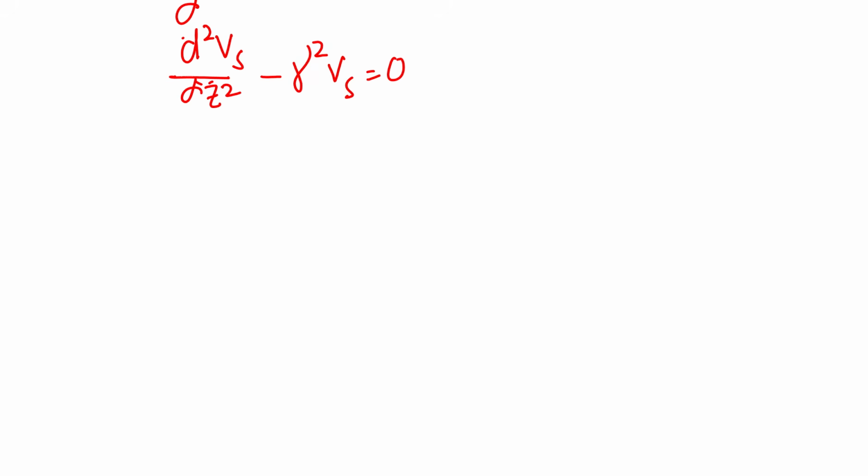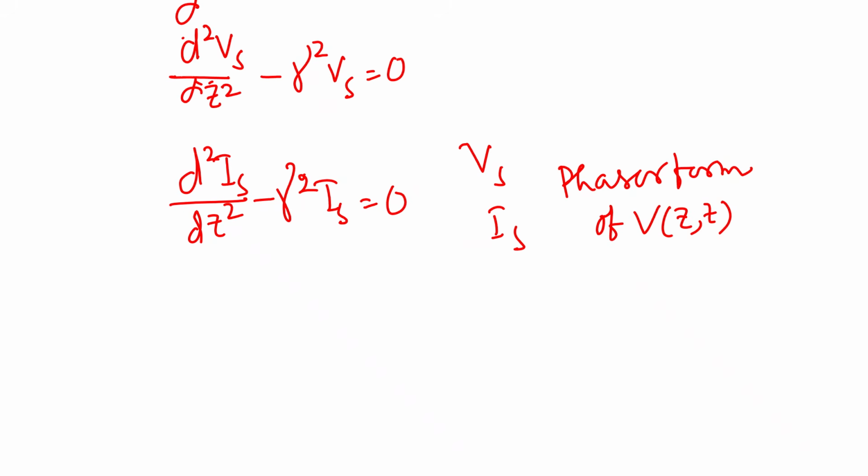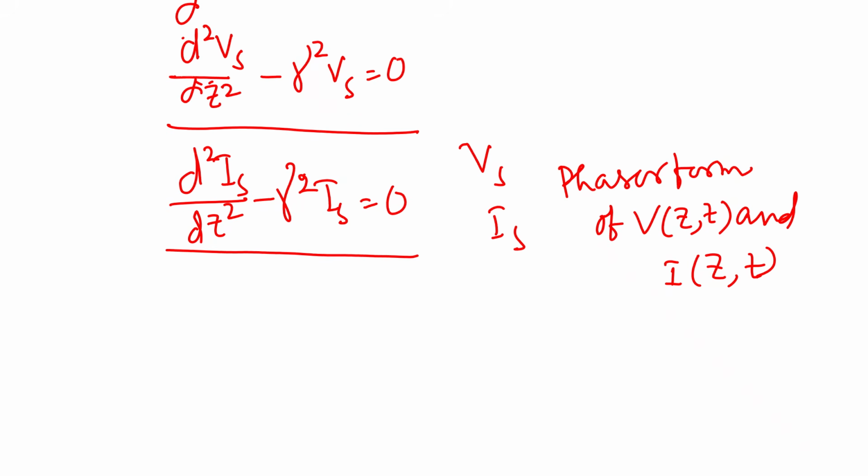Similarly, d square Is upon dz square minus gamma square Is equals 0, where Is and Vs are the phasor forms of V(z,t) and I(z,t). Okay, these are second order differential equations.